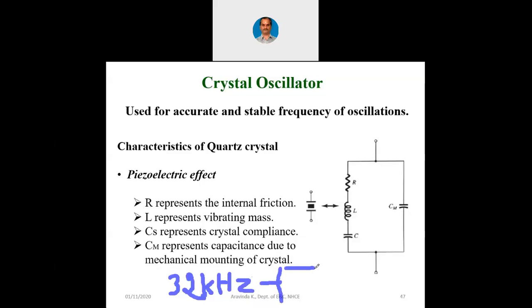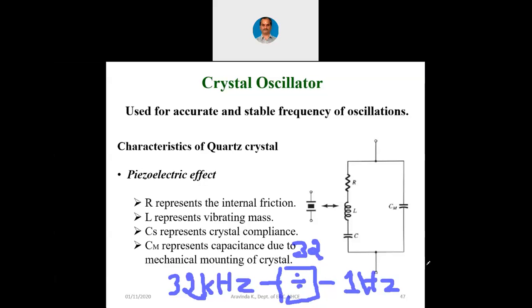This is given to a divider. Now the divider's coefficient is 32. So the output you will get is 1 hertz. That 1 hertz is nothing but 1 second.